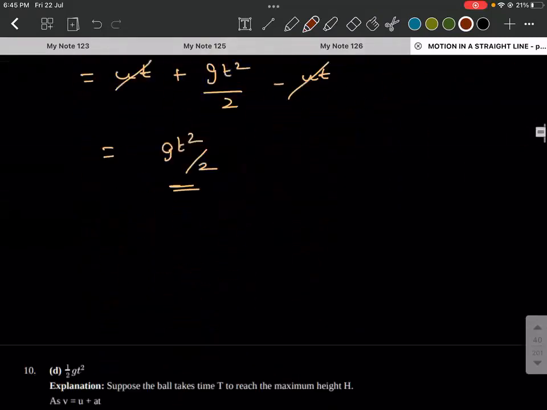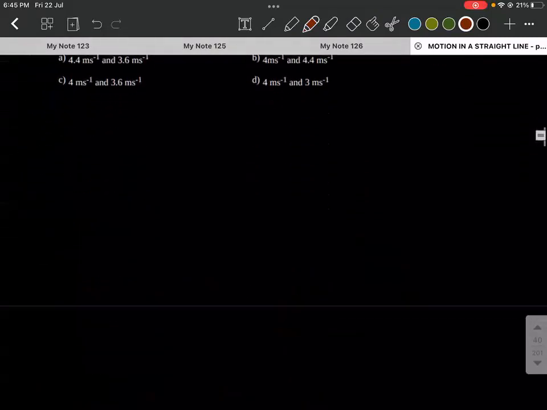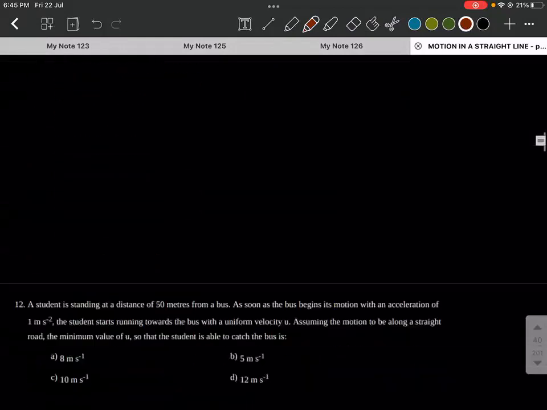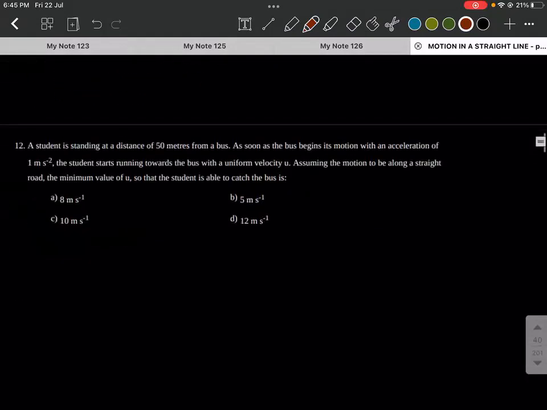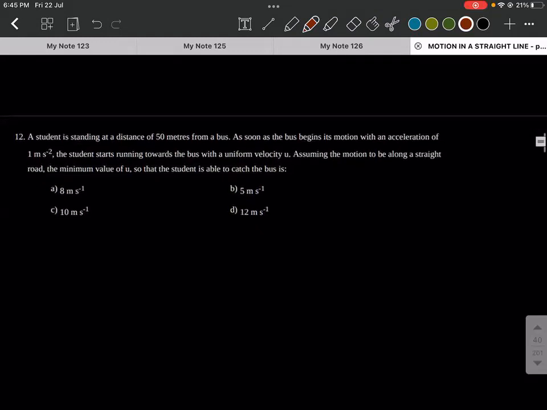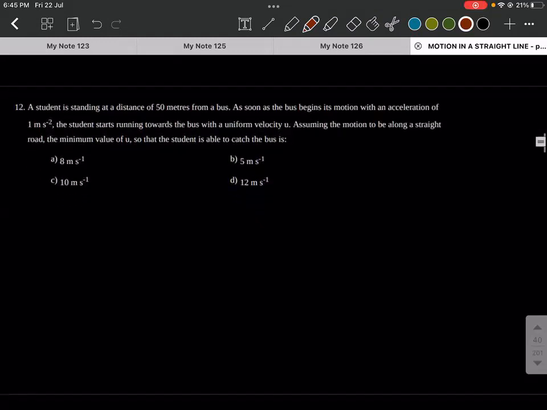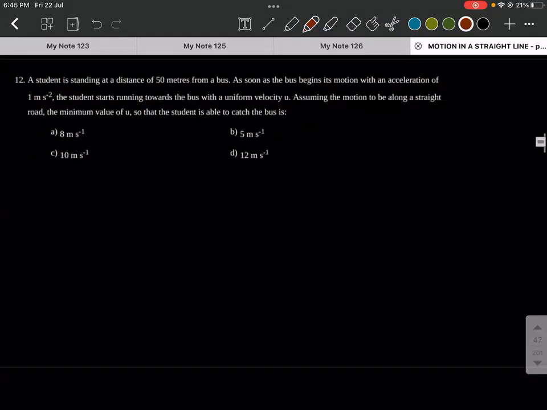Right. So relative velocity we can't do. Can you try this 12th one?